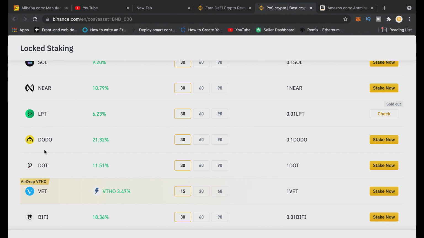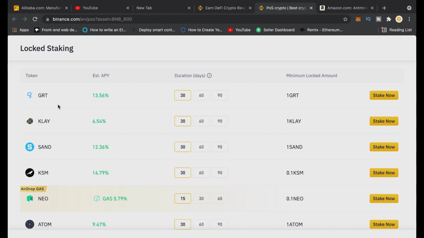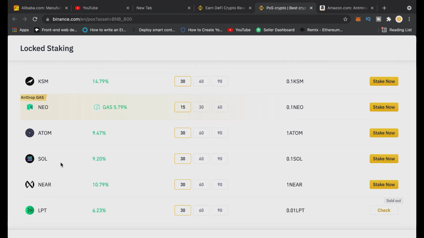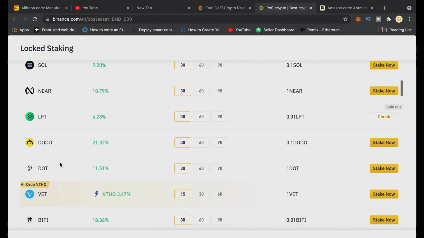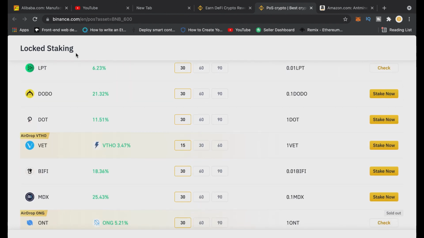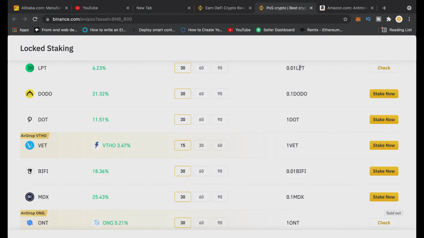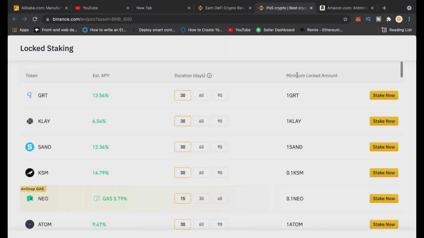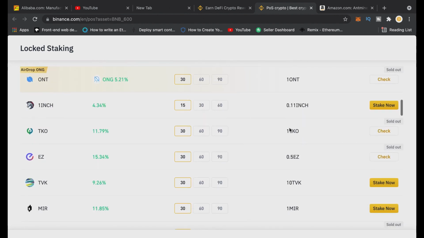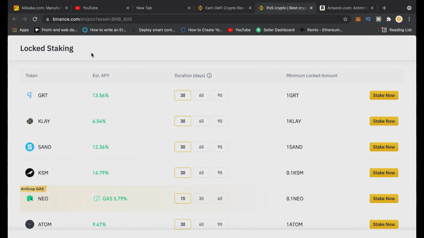That's if you have them in your portfolio, but I don't think I have any of these in my portfolio, so I won't be doing that right now. But if I had any of these coins, I would stake; this is the percentage return, the number of days you wish to stake, and this is the return. You understand? Minimum locked amount and so on. Very easy.